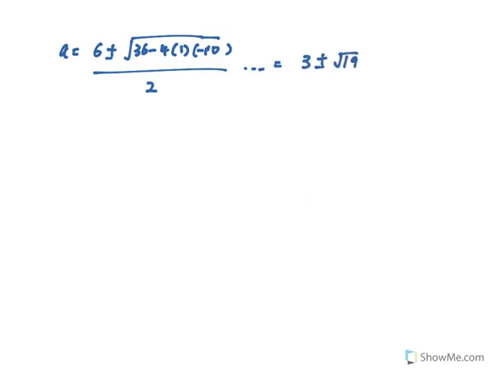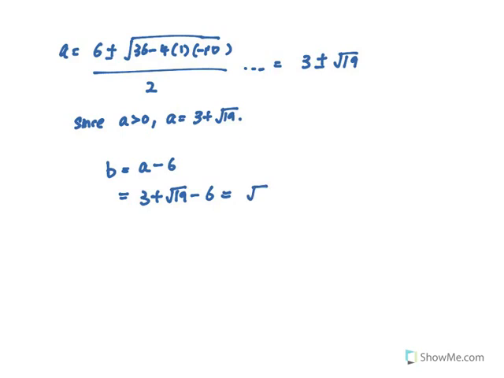Since A is positive, as stated in the question, A equals 3 plus square root 19. Next, let's find B. B equals A minus 6, so it equals 3 plus square root 19 minus 6, which is square root 19 minus 3. That's our B, so that's part A.